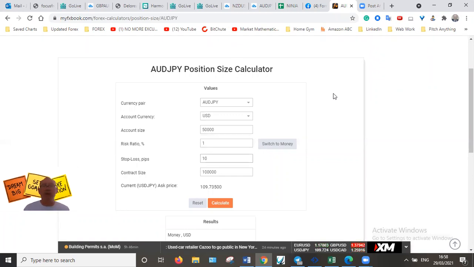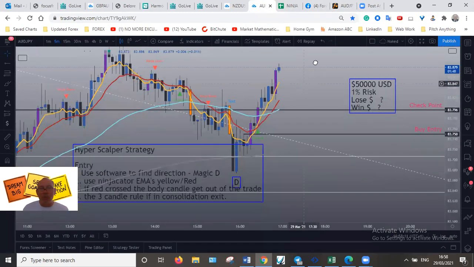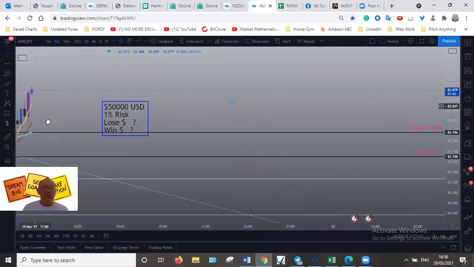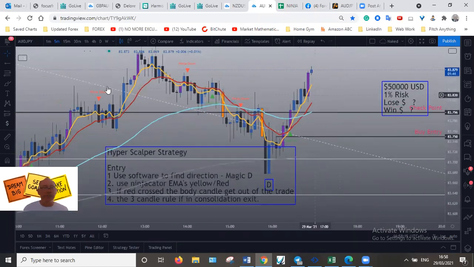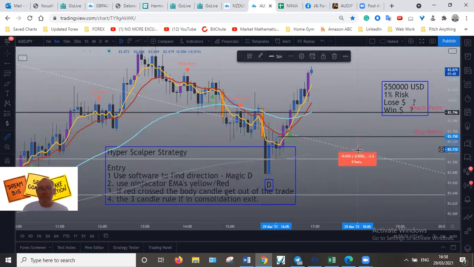For some people that's too much, but for some people it's too small. Let me just double check what would be a fair stop loss on that one. Seven pips. 8 pips.